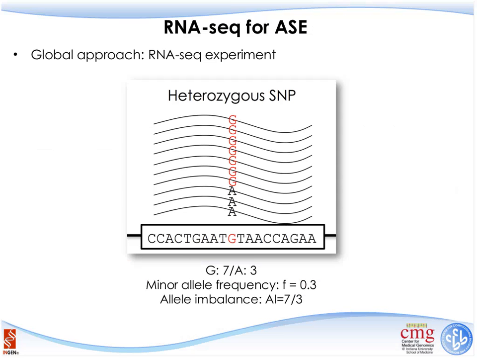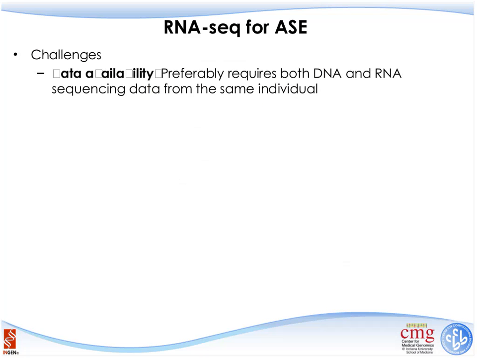Without thinking too much about statistics, we might have the impression that the allele frequency for the alternative allele, which is the A allele in this scenario, will be about 30%, and the allele imbalance is 7/3. This is not put into any statistical framework, but just to give you the impression of why RNA sequencing data can be used to study allele-specific expression.